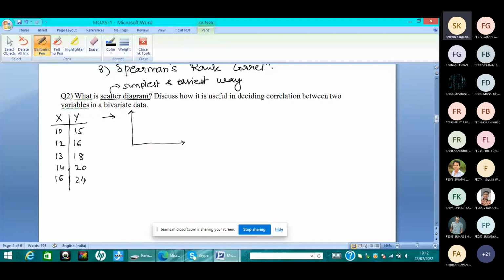Now, this is the example. Suppose this data is plotted. I'm taking arbitrary data, so forget about this data. I'm talking in general. Suppose all the points plotted are in a straight line.